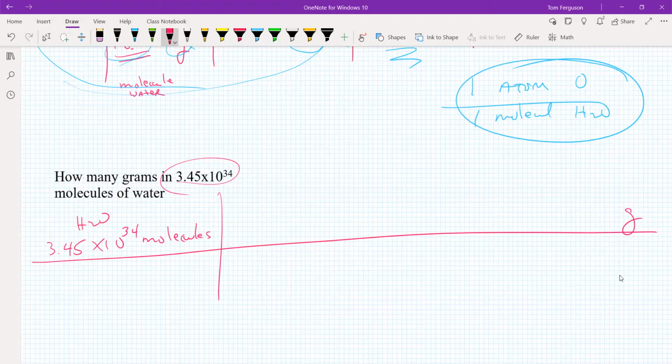So we've got to convert the number of molecules to the number of moles. That's going to be 6.02 times 10 to the 23rd. By the way, there's a name for that number. It's Avogadro's number.